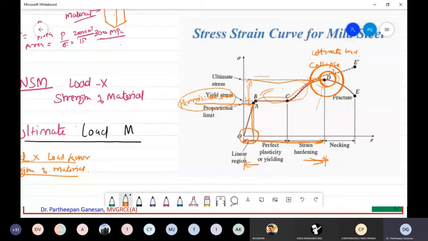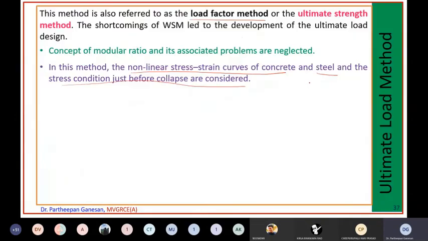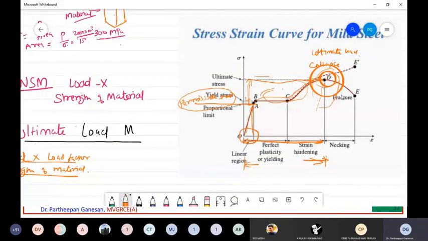You are analyzing the structure only for the collapse load. We say this is a failure or collapse, and just before the collapse is the ultimate load. That is why it is called ultimate load method.